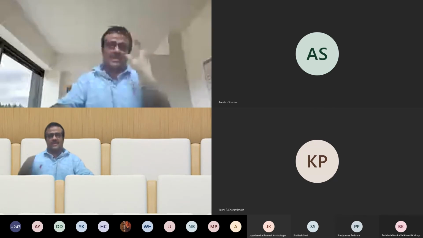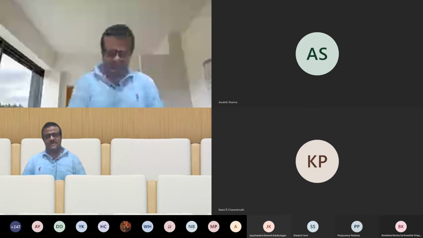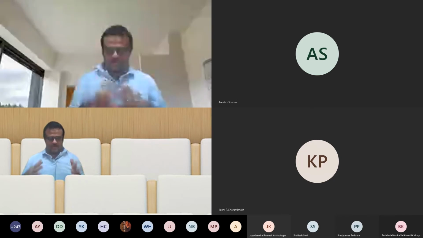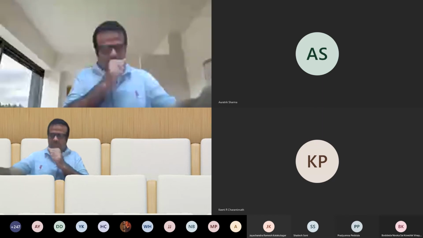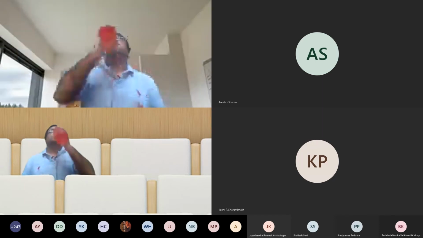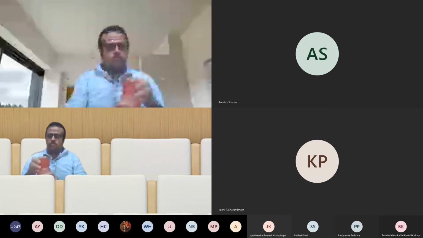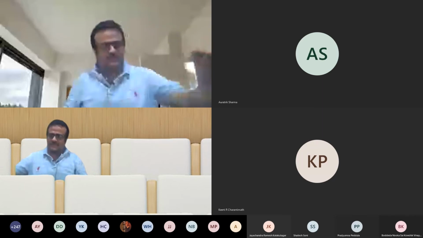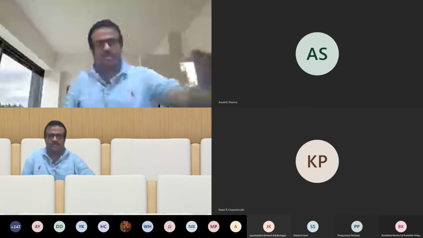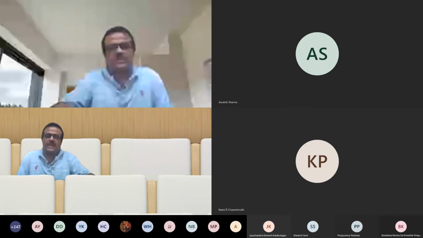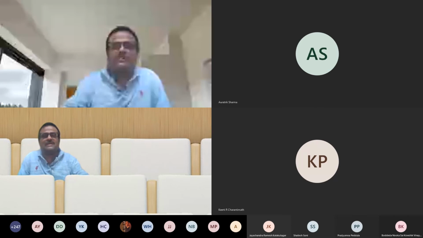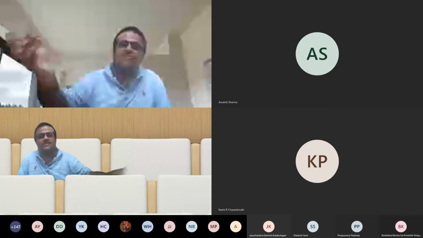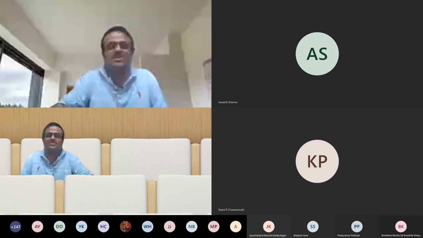So the divide and conquer technique has basically 3 steps. The first step is the divide step. We need to divide the problem into subproblems of lesser size. When you are solving a problem of size 100, if you have subproblems of size 150, there is no use of that.